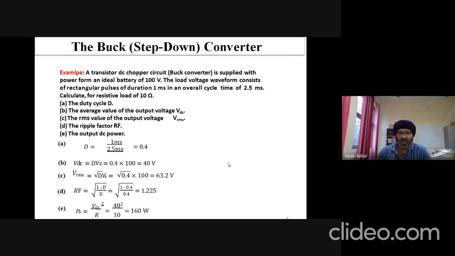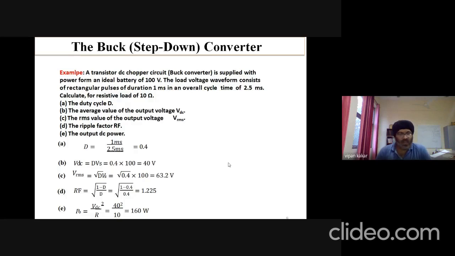Now the average value at the output, which is a DC value, we can simply find using the same formula which we derived in previous slides: D multiplied by the supply voltage, it is 40 volts. And now RMS, again using the same formula we derived, root D multiplied by Vs, is 63 volts.